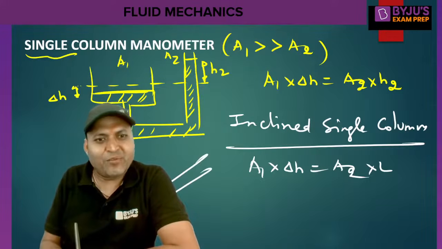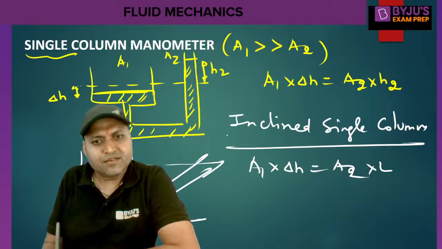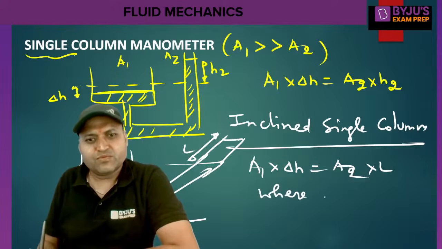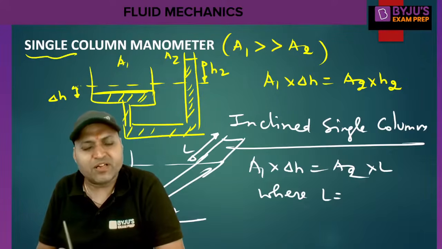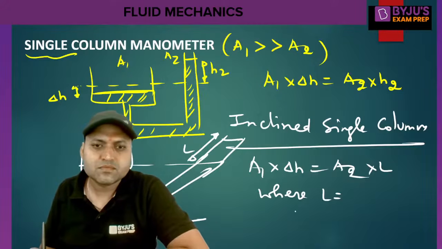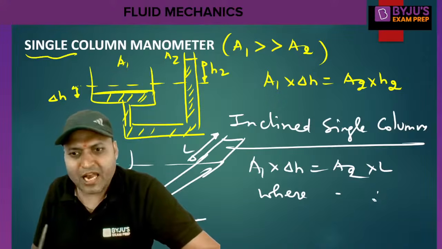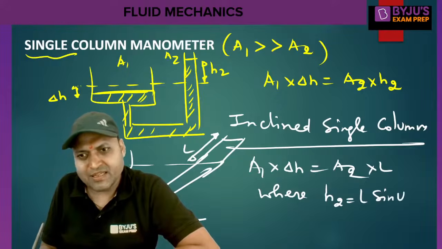If it is an inclined single column manometer, like this, this is angle theta and this distance is L. Theta is the angle of the inclined limb with horizontal. Where H2 is equal to L sine theta.